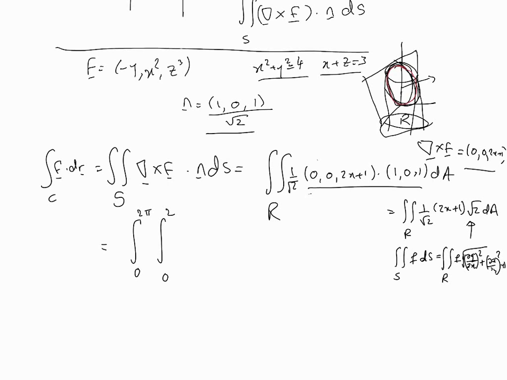That means the x derivative is 1 and the y derivative is 0. So that will mean you'll end up with just square root of 2. Okay, so that's how you get that square root of 2.